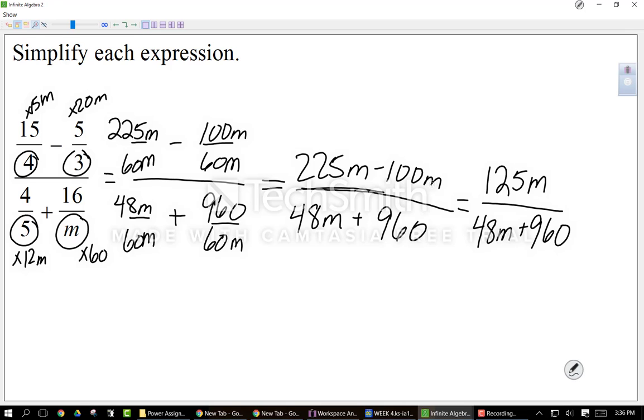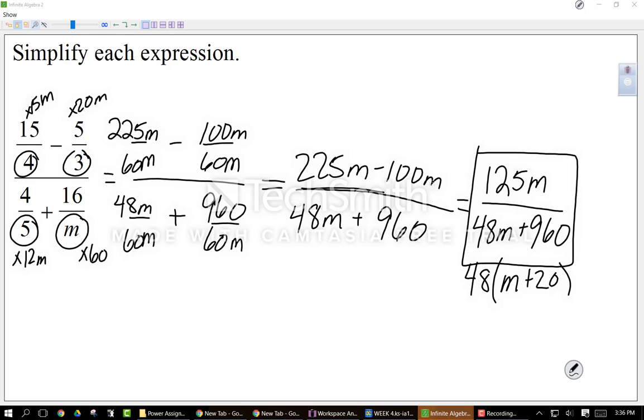If you actually want to try to factor the denominator, you can take out a 48 and you get m plus 20. Okay, but again, 48 and 125 have nothing in common. One's divisible by 2, but none of the other one's divisible by 5, and so on. So you actually can't divide by anything. So your answer is this, or if you wanted to put the factored form in its place, that's also acceptable.